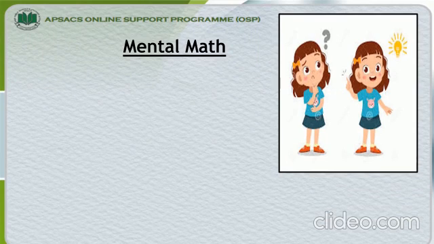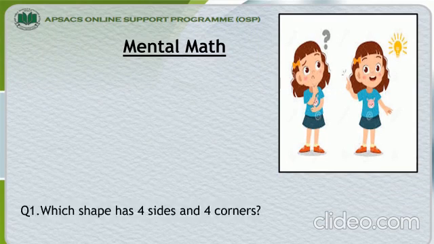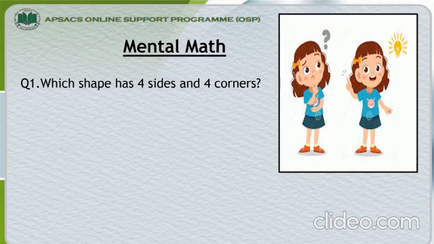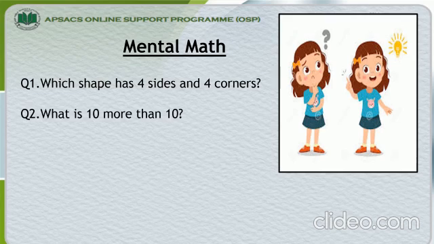Let's do mental math. Now question number 1 is, which shape has 4 sides and 4 corners? Very good. Square and rectangle. Now question number 2 is, what is 10 more than 10?